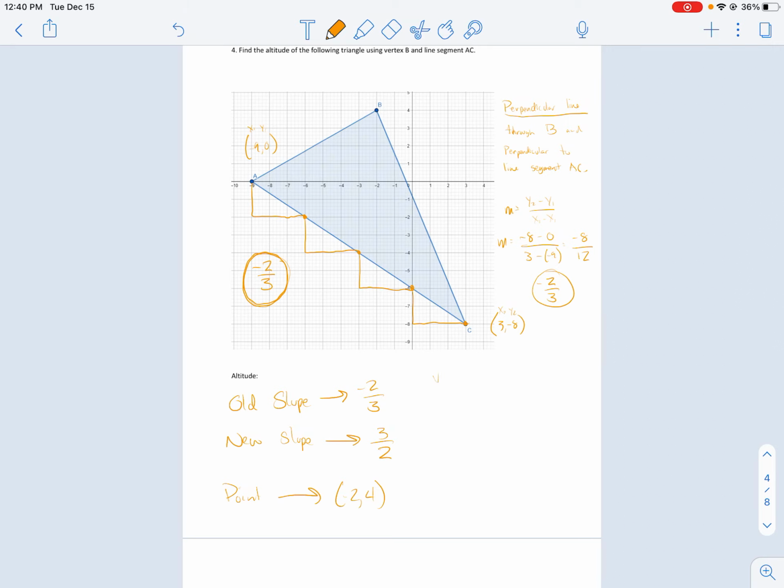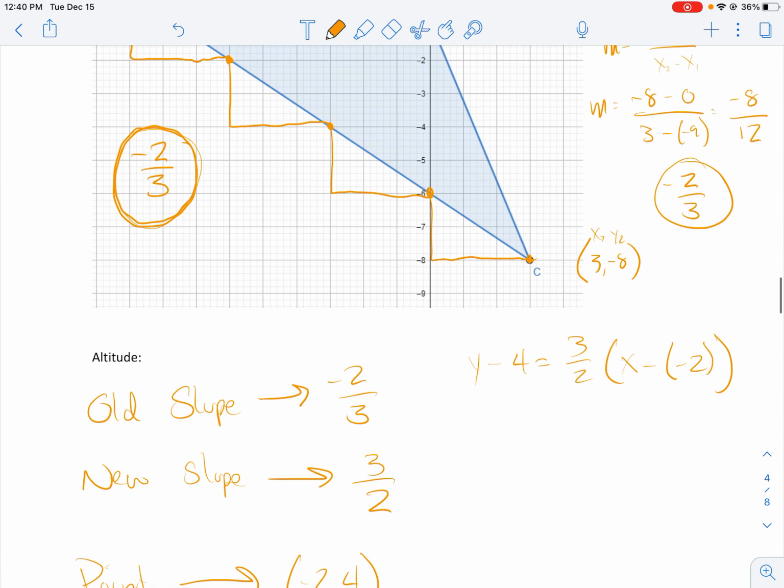Here's our new equation. It's going to be y minus y1 is equal to 3/2 times x minus x1, which is a negative 2. I'm going to simplify all that. So we get y minus 4 is equal to 3/2 x. Remember, this turns into a positive 2.